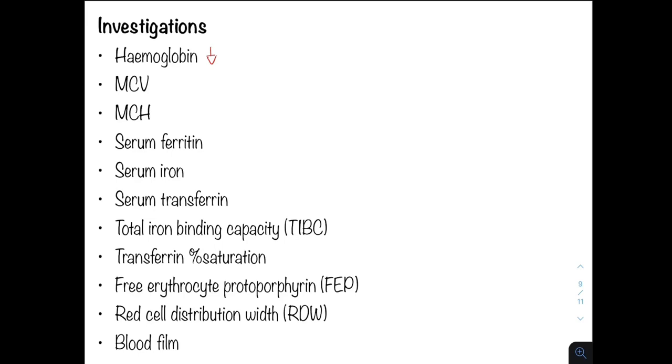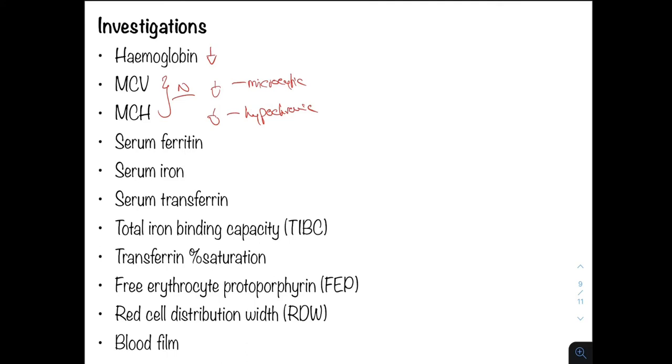The MCV and MCH in the initial stages of iron deficiency anemia would be normal, and we have explained why this is. However, later they shall become low, so this causes a microcytic, which is the MCV, and a hypochromic, which is the MCH, anemia.